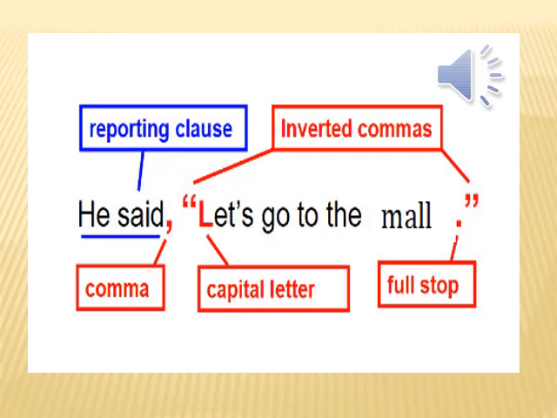If it is a question, of course you are going to put a question mark, not a full stop. Or if it's something exciting or sad or showing some emotion, then you put an exclamation mark. So speech marks are the inverted commas, and the punctuation mark comes inside the inverted commas, not outside. Clear?